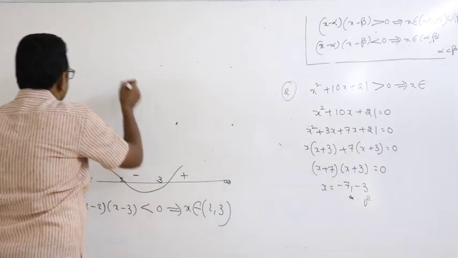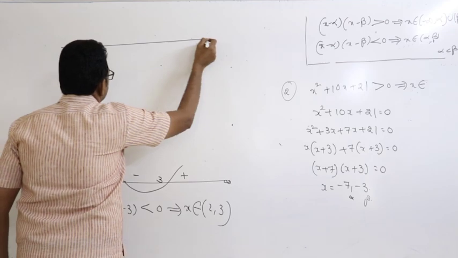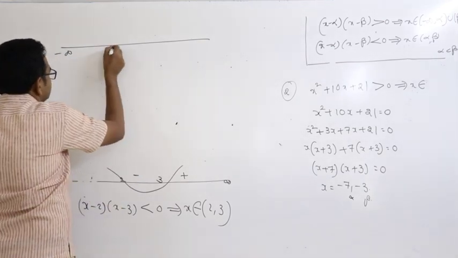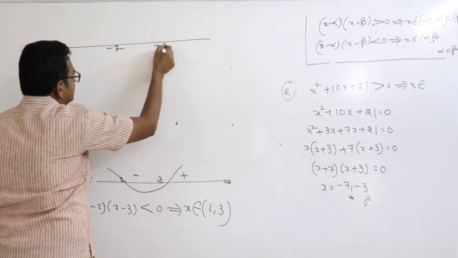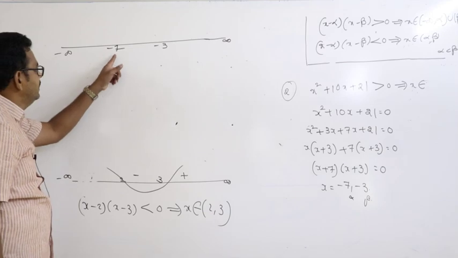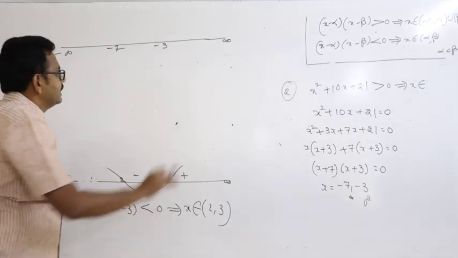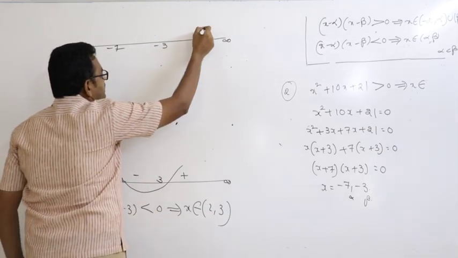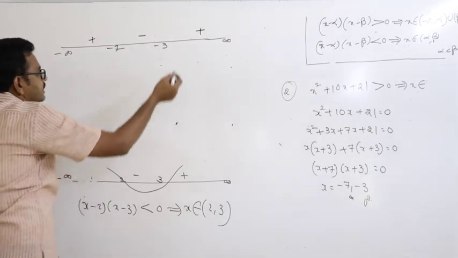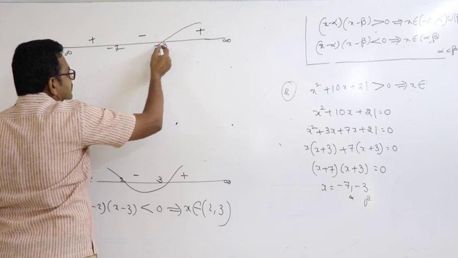Alpha and beta. So, here it is minus infinity. First you reach the number, this is minus 7 and this is minus 3 and this is plus infinity. So, this is alpha and this is beta. To the right of minus 3 put plus, here minus, plus. So, again do like this.